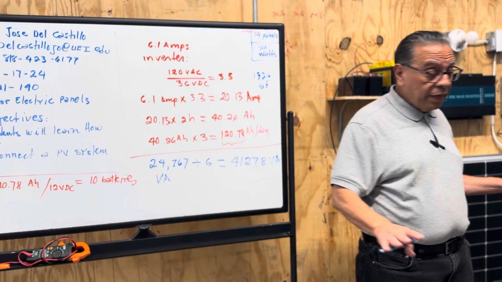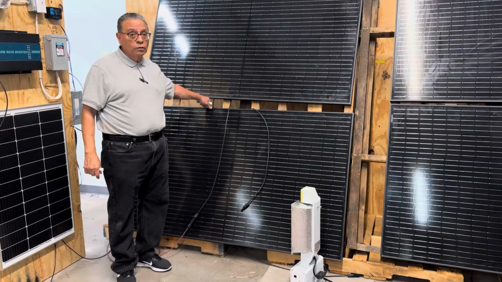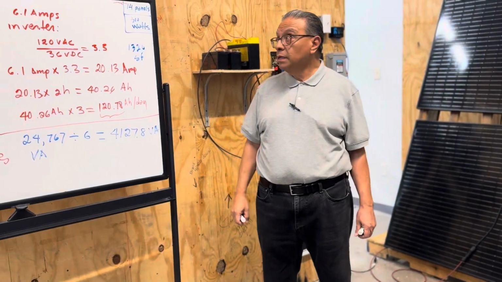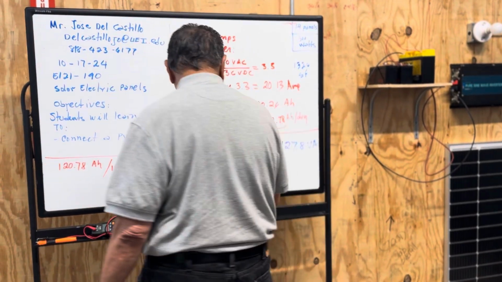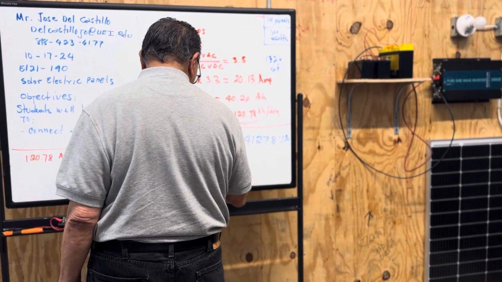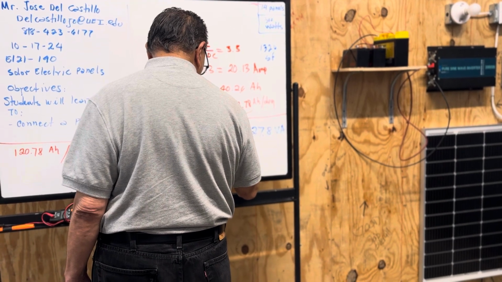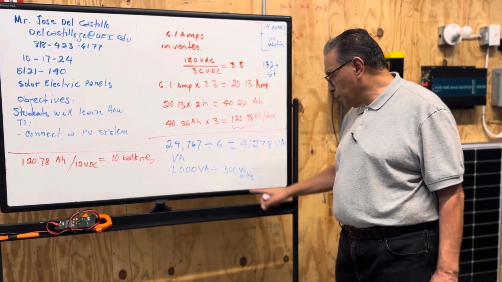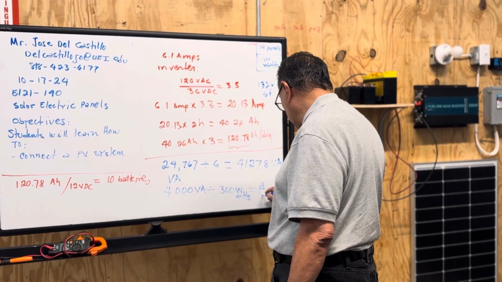The question is, how many panels do I need? The answer is, it depends. Each of these panels is able to produce 300 watts. So I divide 4,000 volt ampere or watts by 300 watts, and it will give me 14 panels.